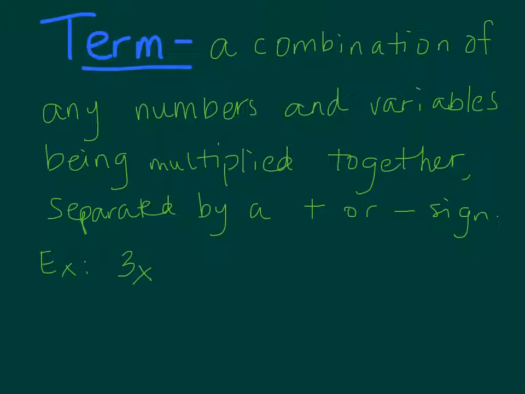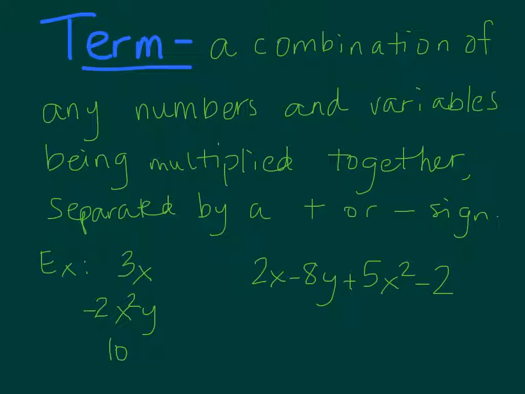An example of a term might also be negative 2x squared y. An example of a term could also be 10. Okay? An example in an expression would be if I have 2x minus 8y plus 5x squared minus 2.